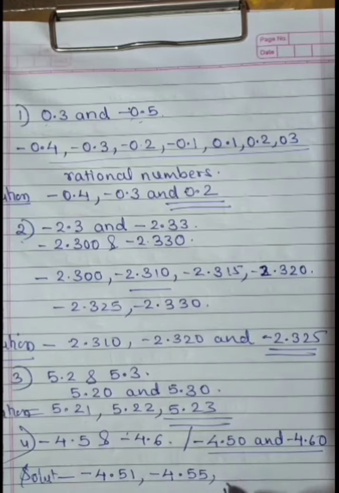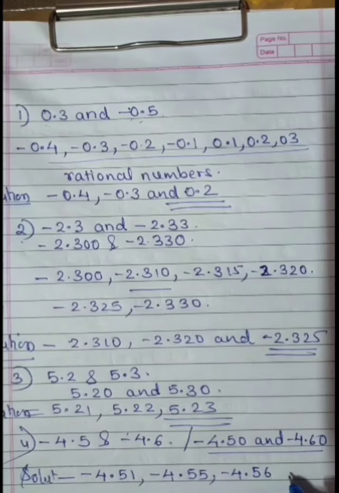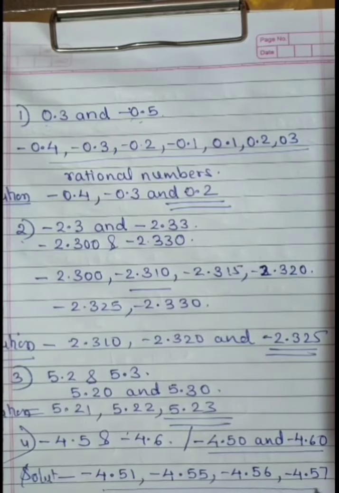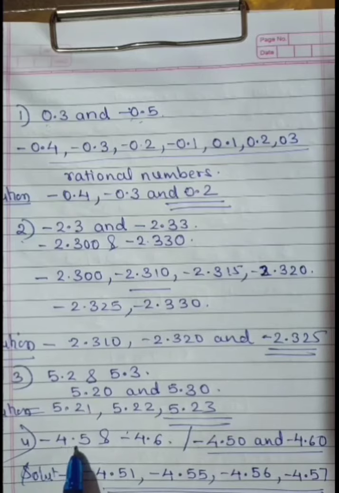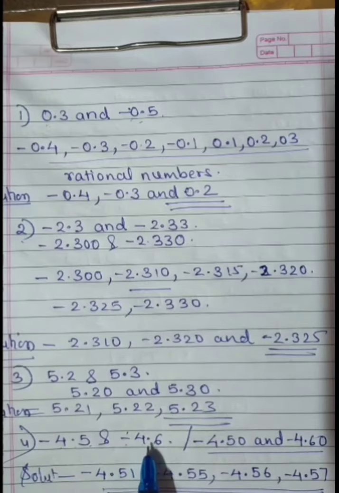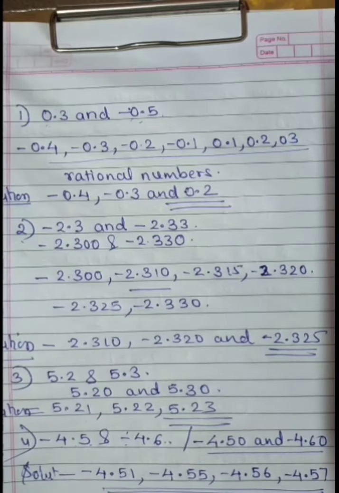Minus 4.56 or even we can write minus 4.57. All these numbers come between minus 4.5 and minus 4.6. Okay, this is a very simple method.